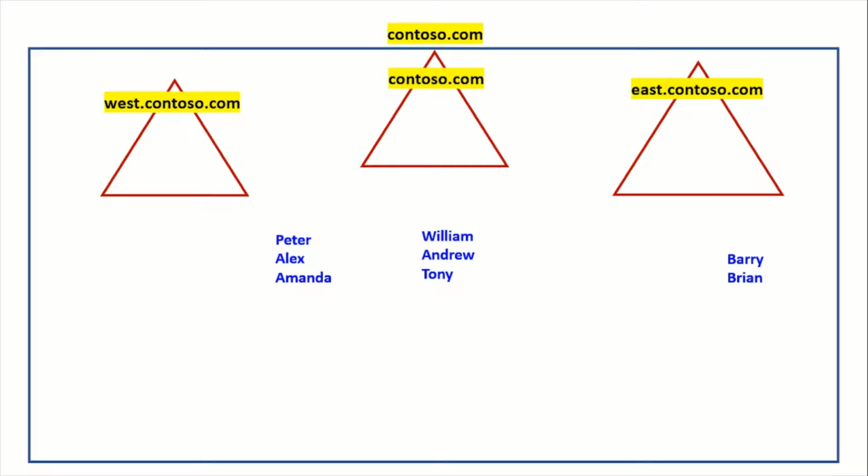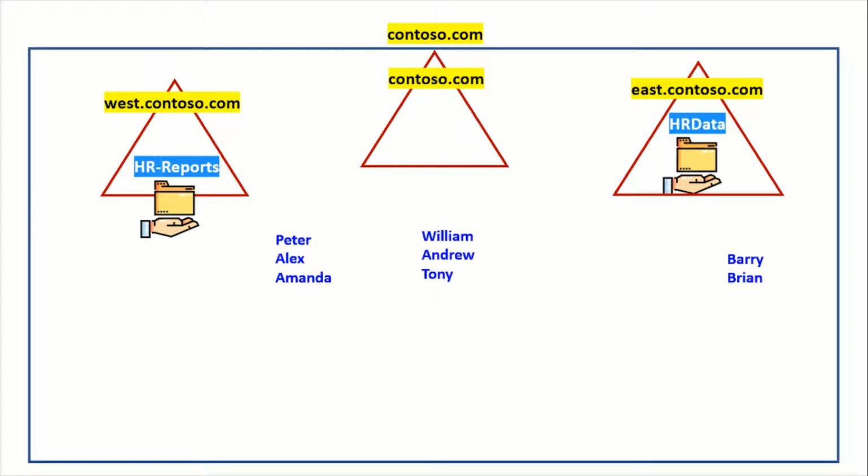In contoso.com we have William, Andrew and Tony. And in east.contoso.com we have Barry and Brian. Now we have two shared folders: HR reports, which is present in west.contoso.com, and HR data, which is present in east.contoso.com. Now all these 8 users want to access both the folders.